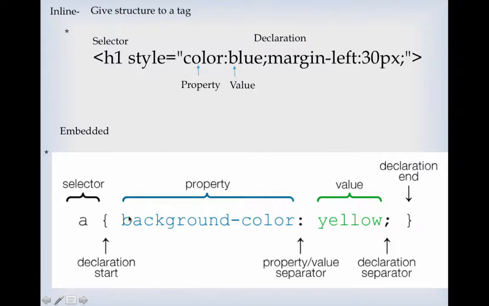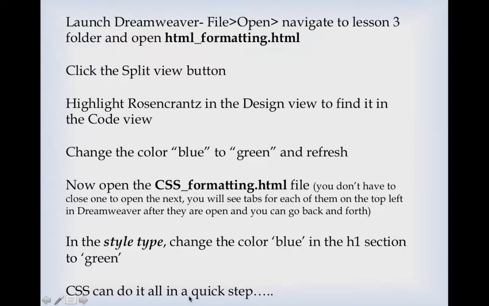See, declaration start, declaration end, all this stuff in the middle, just like up here, is the declaration. The property is the background color, and the value is yellow, okay? Or whatever that color is. So just wanted to kind of give you an overview of what it looks like.